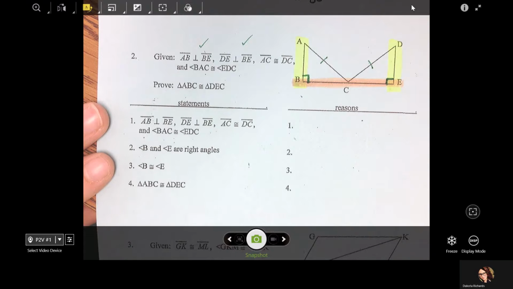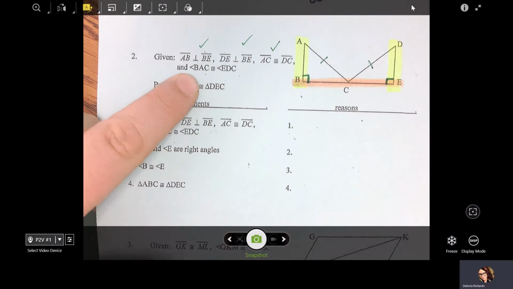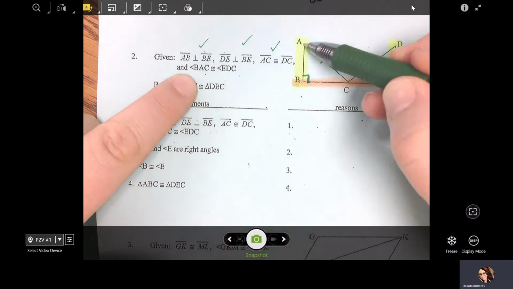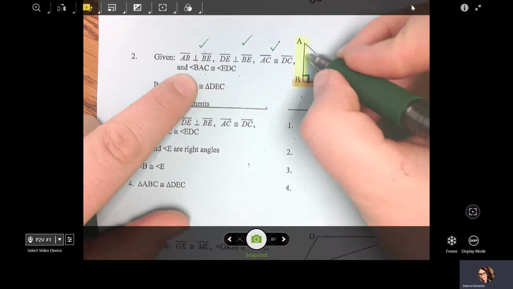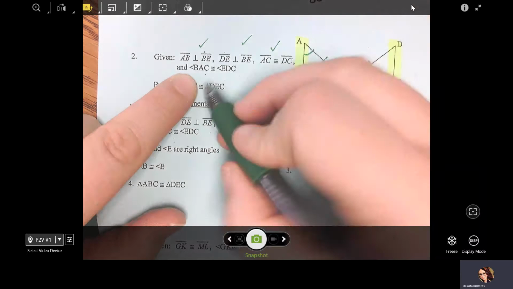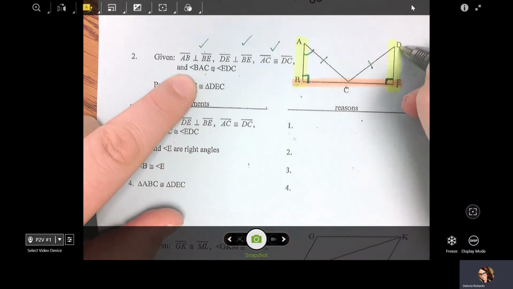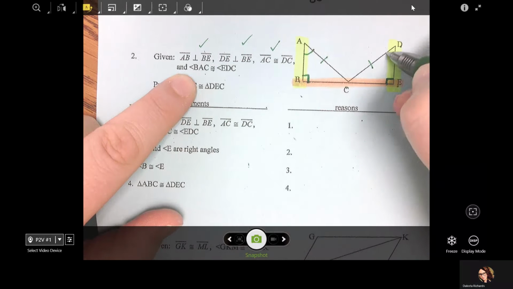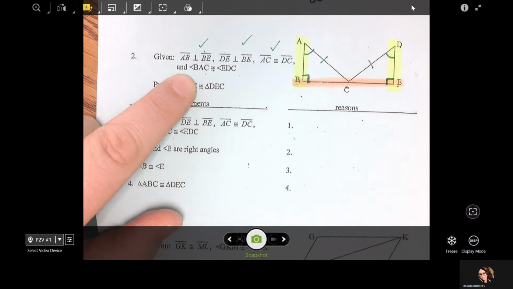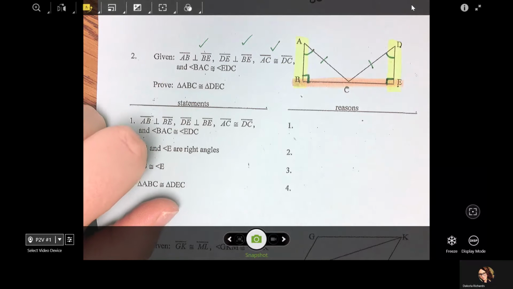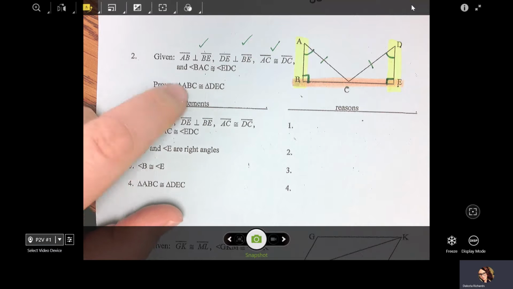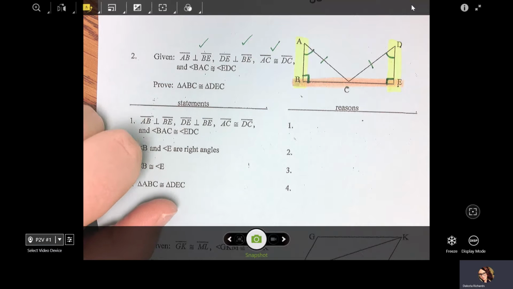Okay. Did that. And then lastly, angle BAC, so this angle, is congruent to this angle EDC. Right? Prove that triangle ABC is congruent to triangle DEC.